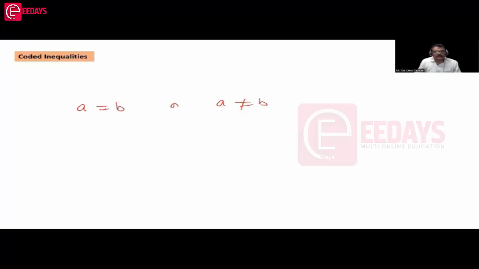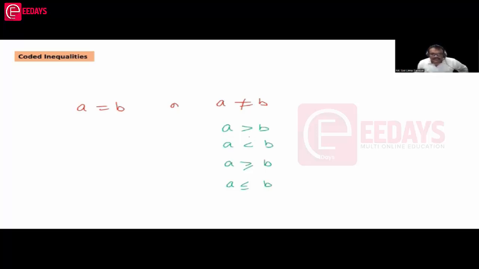Now, a equal to b, that's okay. But what about a is not equal to b? Here, five options are there. One is a is greater than b. Second one is a is less than b. Third one is a is greater than or equal to b. The fourth one is a is less than or equal to b. And a is not equal to b.